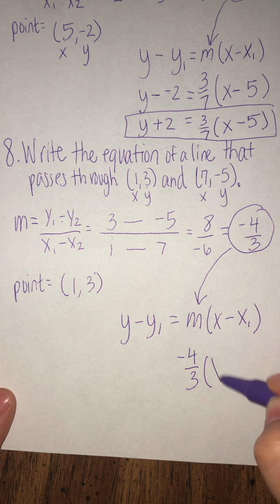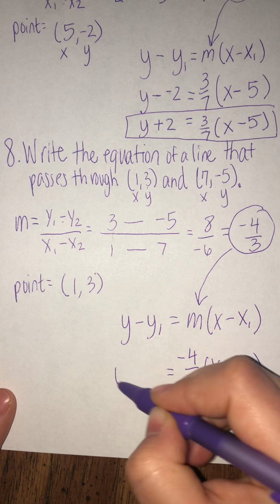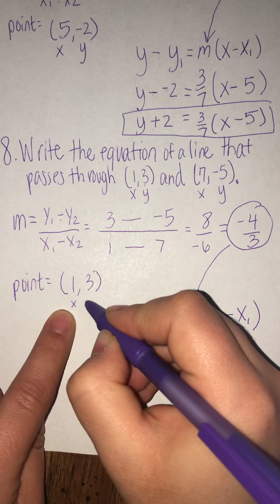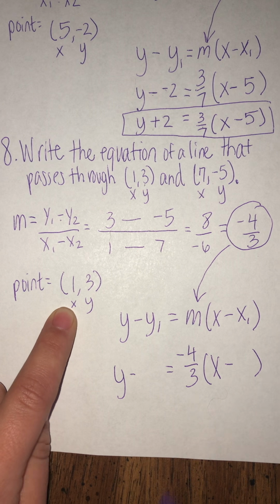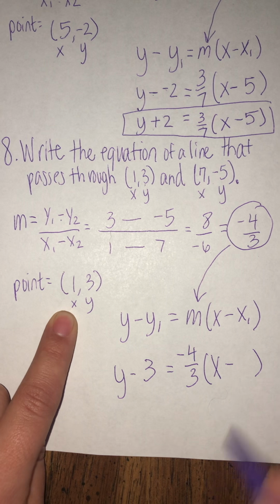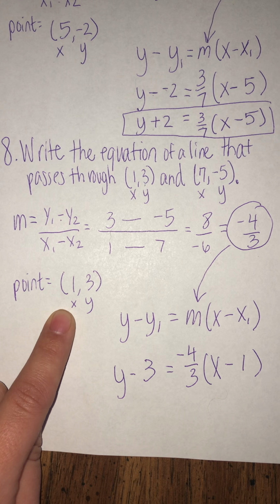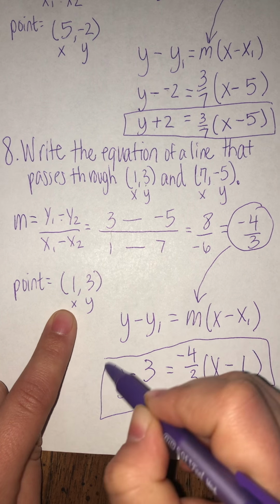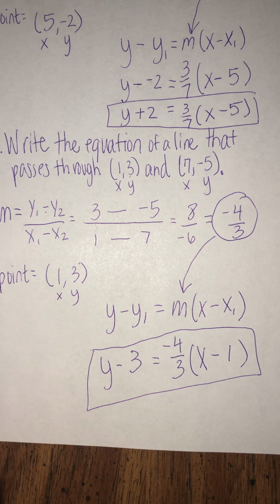Carry down your x, carry down your y, and our values are x is 1, y is 3. Put your y in, put your x in, okay? And then this is your final answer. Again, no need to do anything with that. Keep it super short and sweet and to the point. Just plug in what you got.